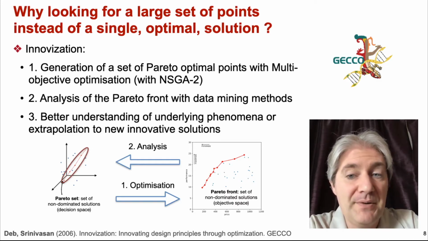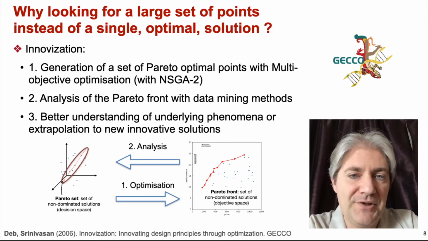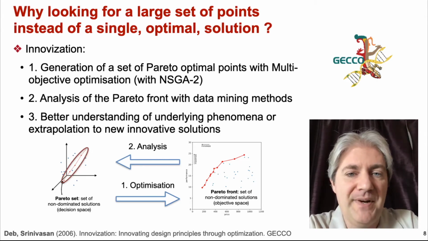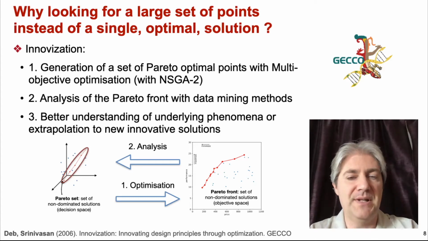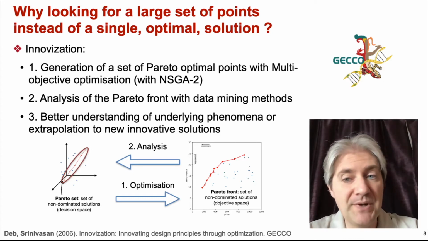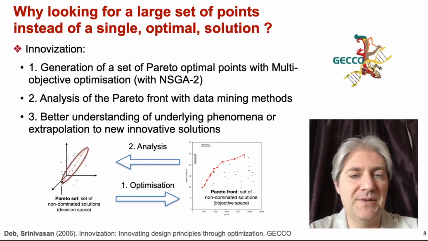By finding regularities in this set and understanding how the points are connected and their relations, we can extrapolate and find a new and potentially more interesting solution that goes beyond the boundaries that we have selected. That's something we can get from the generation of a set of solutions instead of a single point.